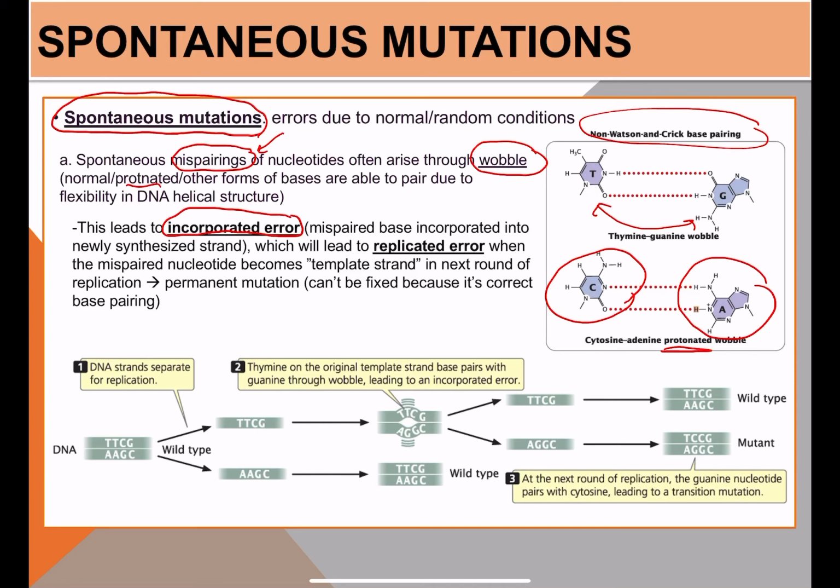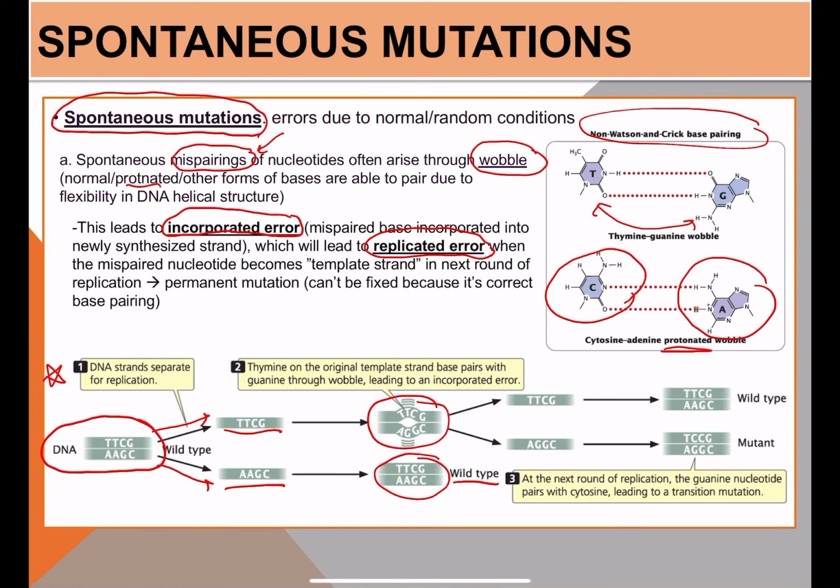So the further consequence of an incorporated error is that it may turn into what's called a replicated error. Okay, what do we mean by that? So here, it's easier to explain with the diagram. With this diagram, again, you have your wild type DNA sequence. During replication, the two strands split, okay, into your two template strands right there. This one went on to do replication normally, okay, and continued on with its wild type sequence.